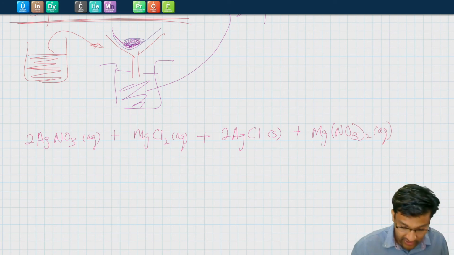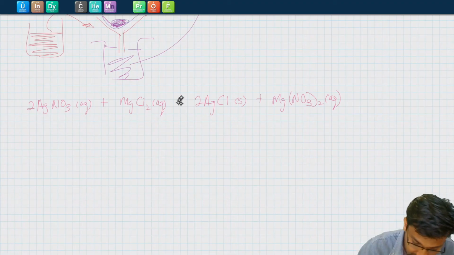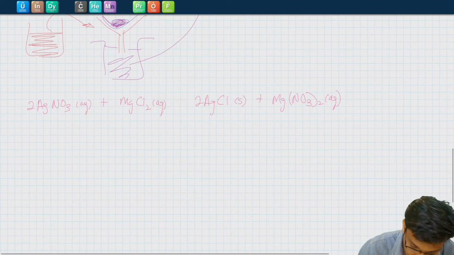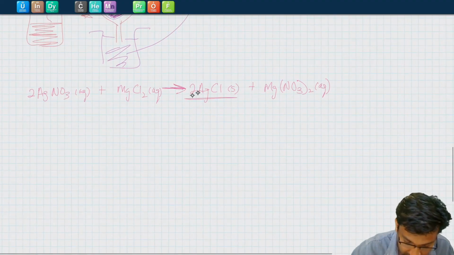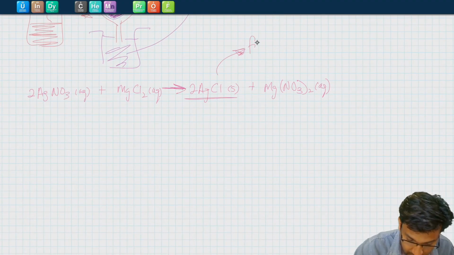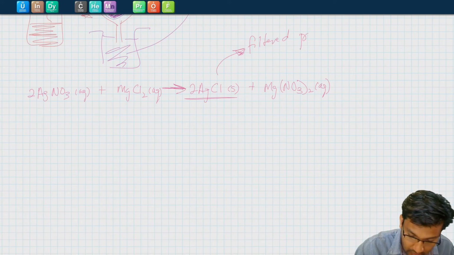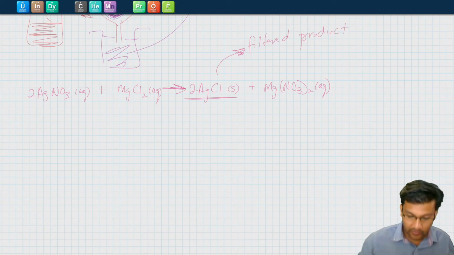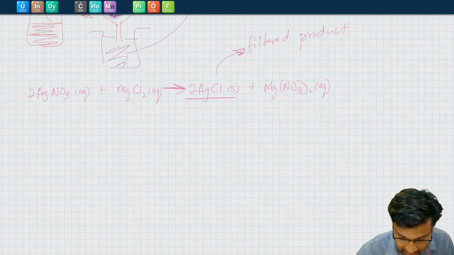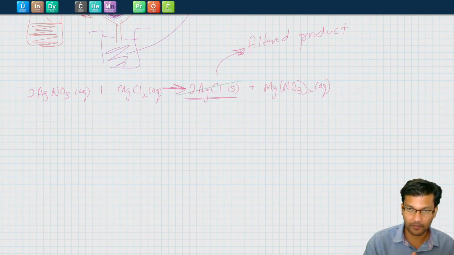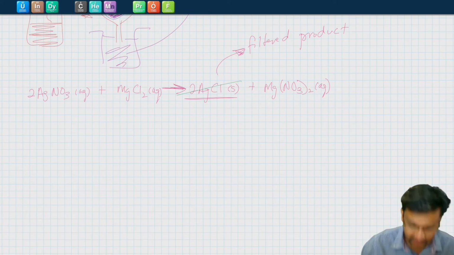So this was our reaction. This is our filtered product. Once you filter it, you've removed it from the solution. So for all intents and purposes, this one gets used up. It's no longer there. It's filtered off.